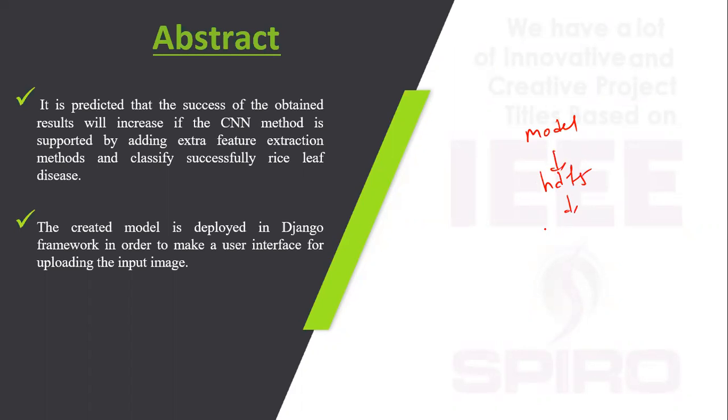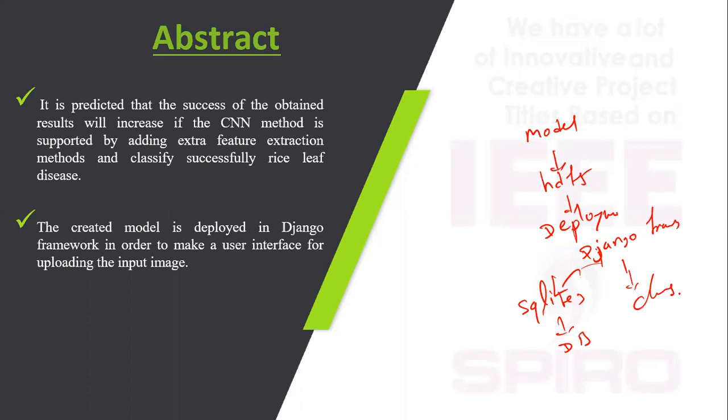Then we deploy that file in the Django framework. Here we use the Django framework's inbuilt database, the SQLite 3 database. So we get the classification of rice leaf disease here.